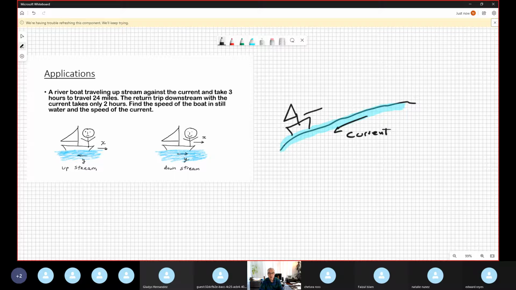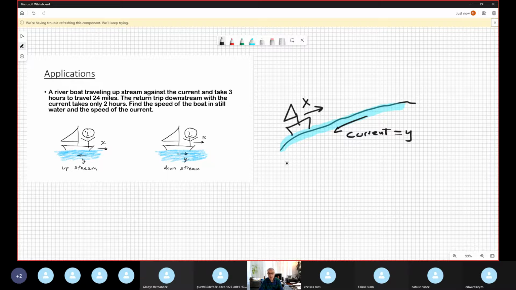But the boat travels against the current. This is the speed of the boat, in this case they call it X, and the current they call Y. This is the distance traveled, 24 miles.